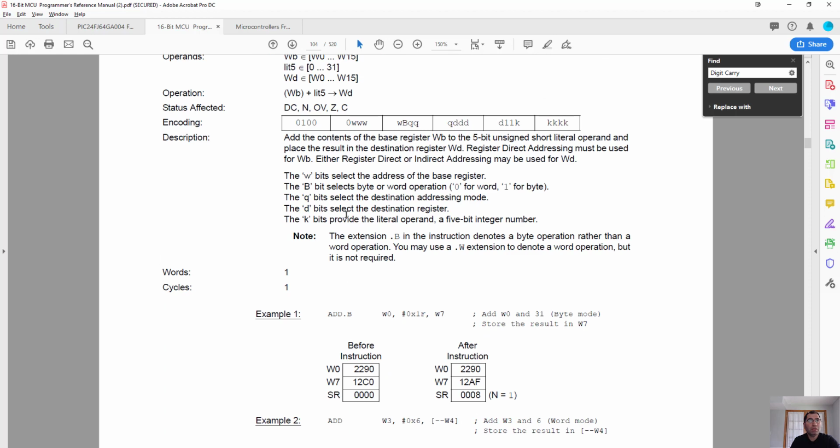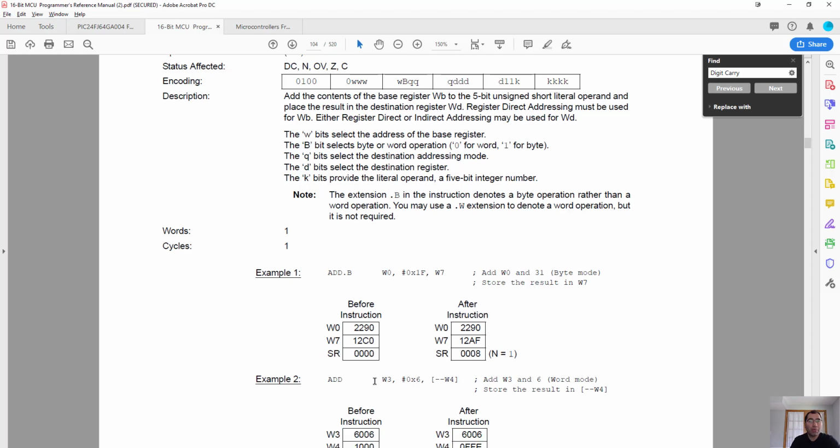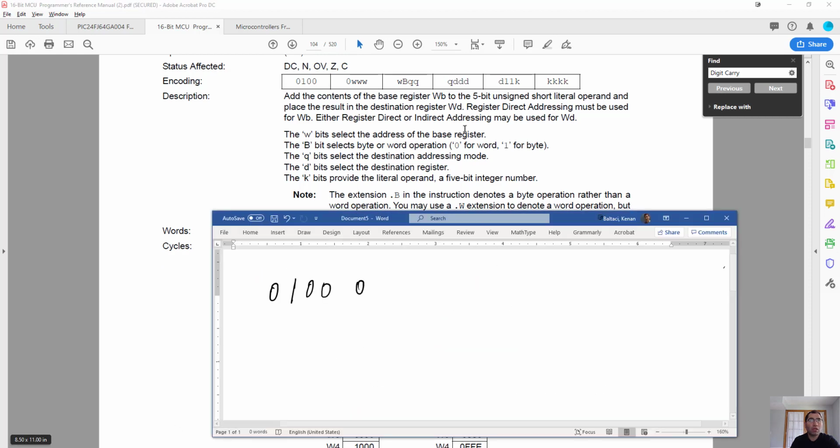So what's my register? Base register is W0. Oh sorry, I'm looking at the wrong one. My base register is W3, so W3 in 4 bits is going to be 0, 0, 1, 1, right?